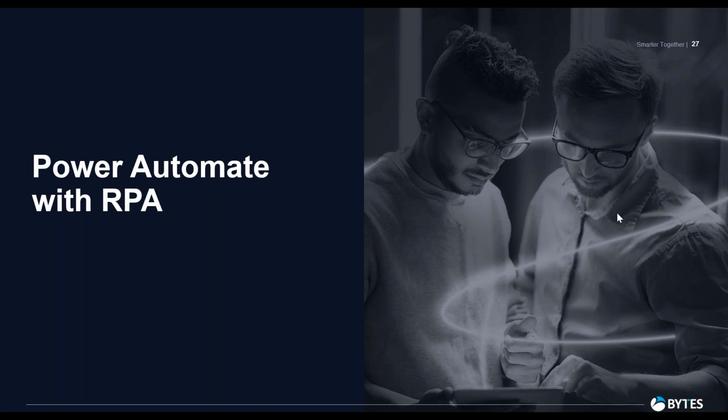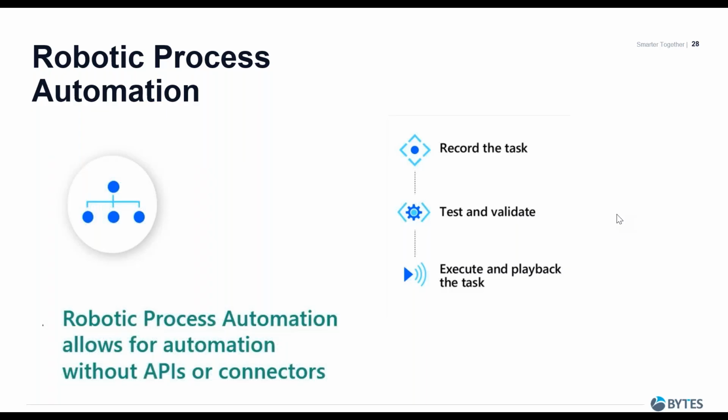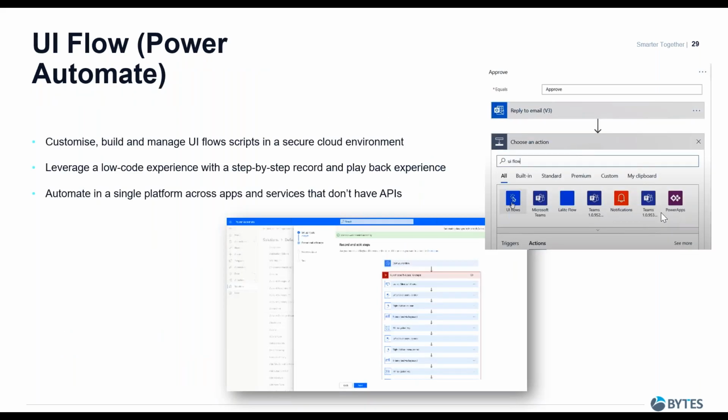So on to RPA, Robotic Process Automation. RPA allows us to automate legacy applications where there aren't any APIs or connectors available, by recording mouse clicks, keyboard use, and data entry, and then replacing these steps with process automation. This is done through the UI flow connector and, of course, is low to no code.